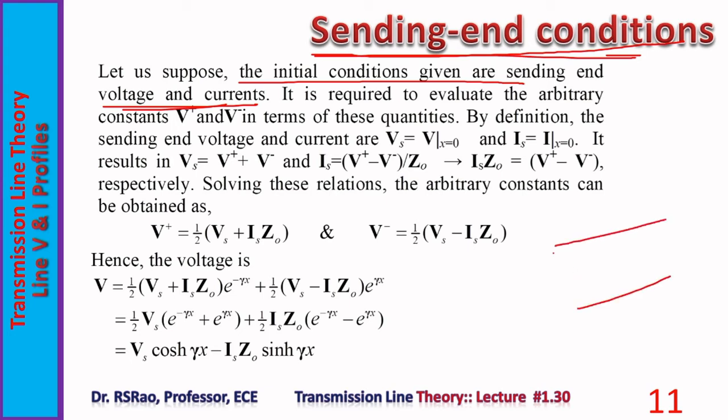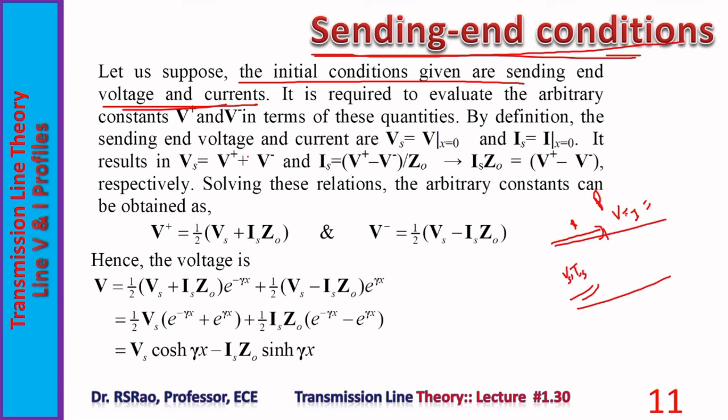Here is the line, and sending end voltage and sending end current are given. A point is there at a distance of x from the sending end. Sending end voltage is usually indicated by Vs, sending end current by Is. At point P, what is V? What is I? In terms of Vs and Is. This is what we are going to do right now.